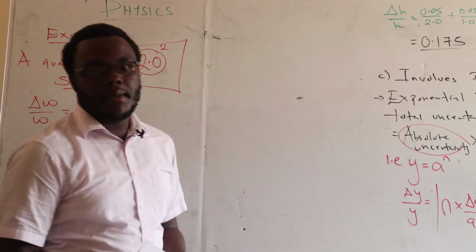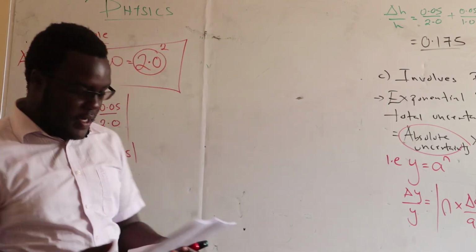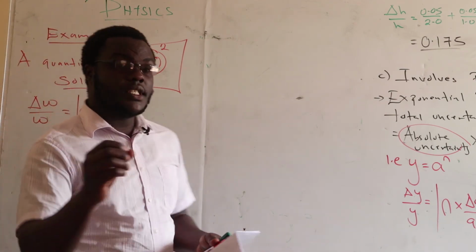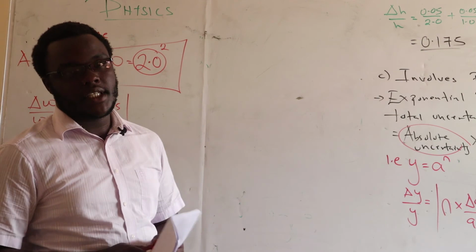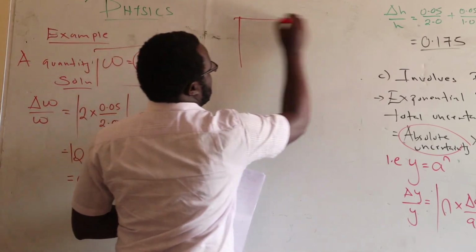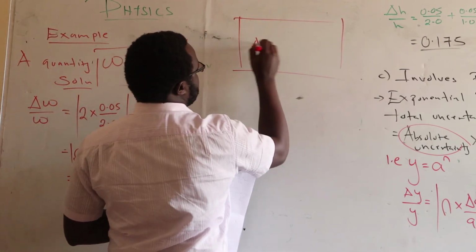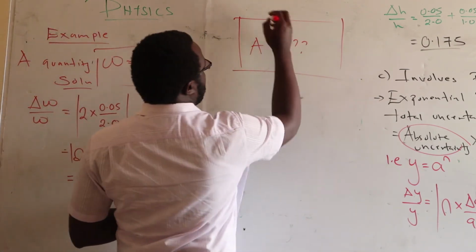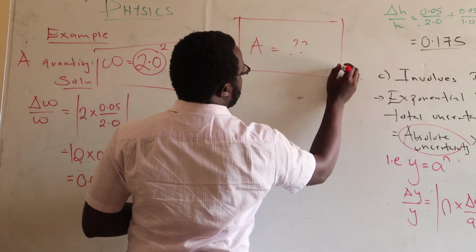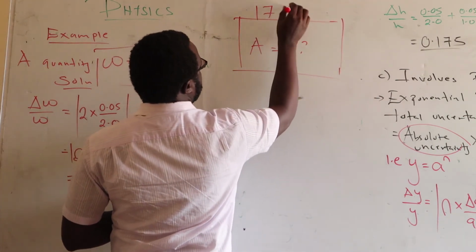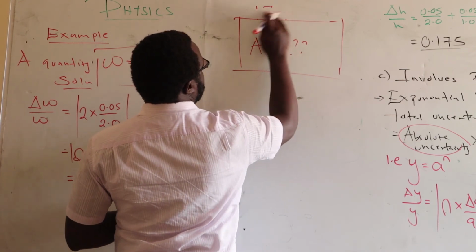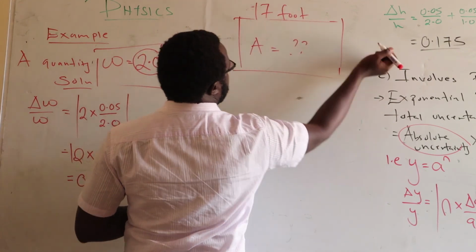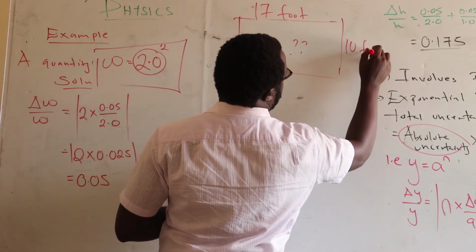If you are given an assignment, maybe you've prospered in your career, to calculate the area of a football pitch, you need to consider the uncertainty involved in the measures that you are taking. The following are the records of a football pitch: on one side we have 17 foot versus 10 foot.